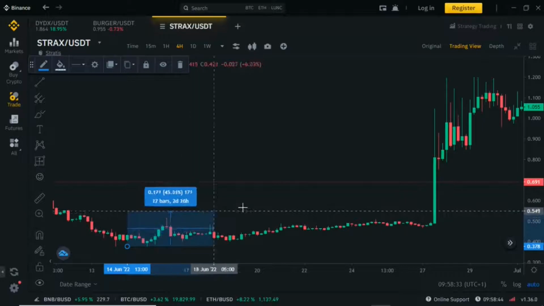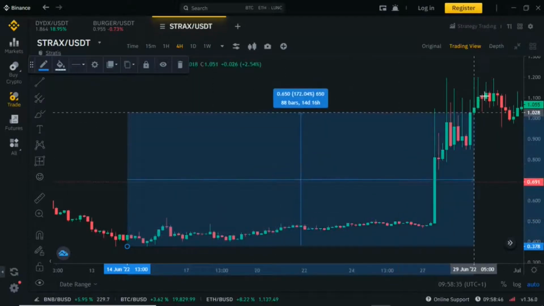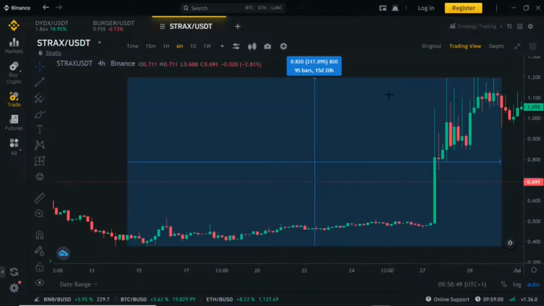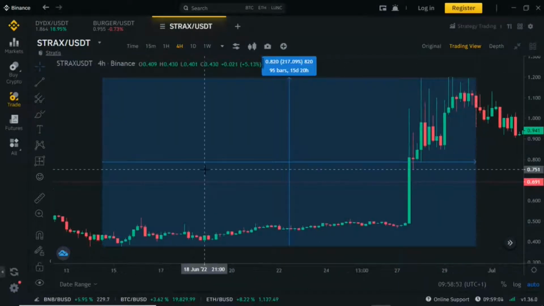So as you can see on the candlestick price chart data, the most current bullish trend section of the STRAX USDT cryptocurrency pair bounced up by approximately 216% in 15 days. The question is, how much money can you potentially make as profit going long on this bullish trend section?